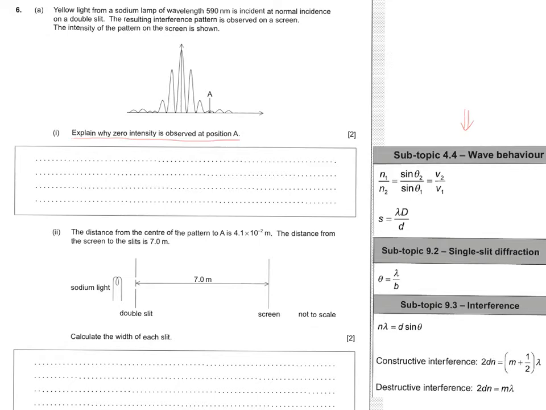Now, the problem that most of you had is that you were talking about double slit interference, right? The minimum at A has nothing to do with double slit interference. It has nothing to do with two individual rays of light coming from different slits, because the double slit interference should have marks that are evenly spaced. There's the first one at the center of the first bright fringe.